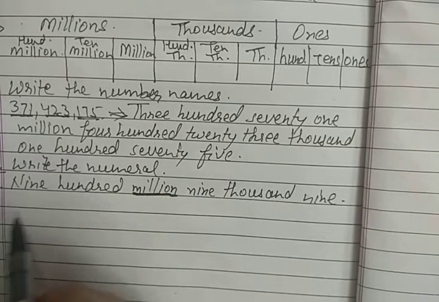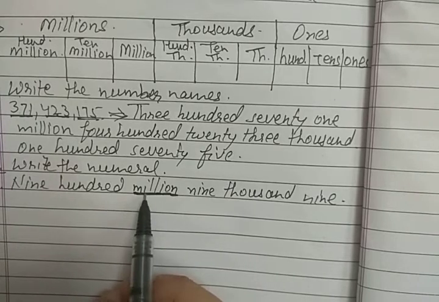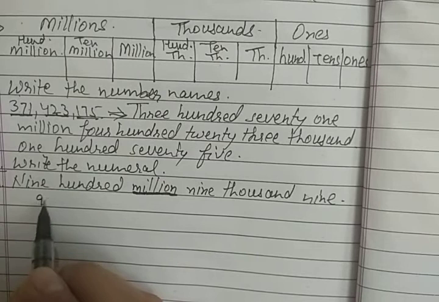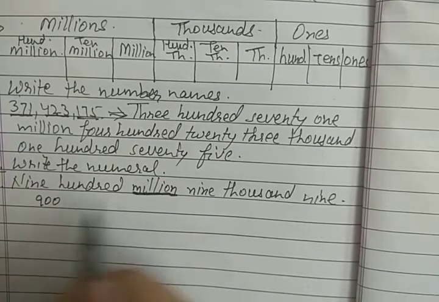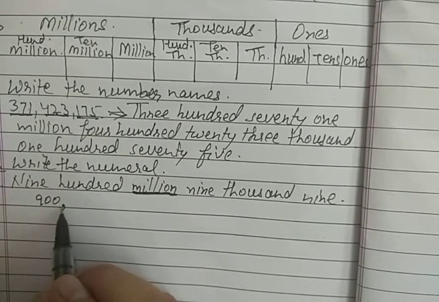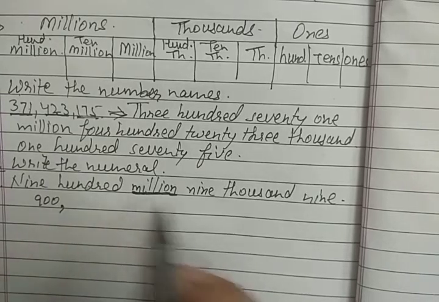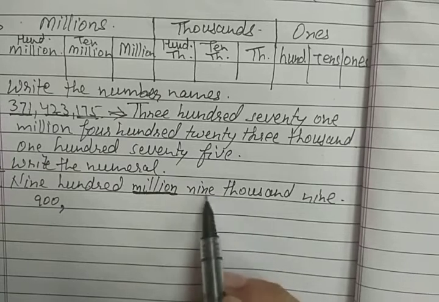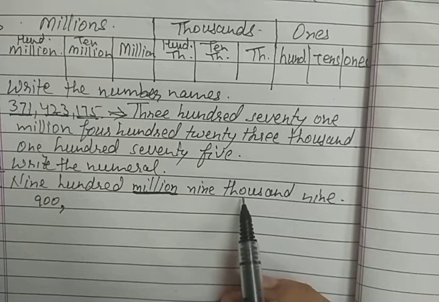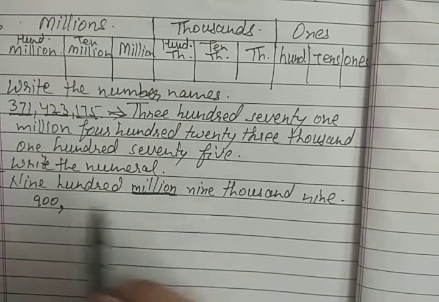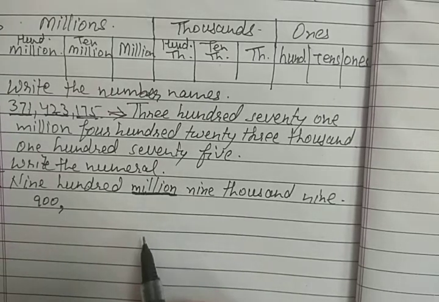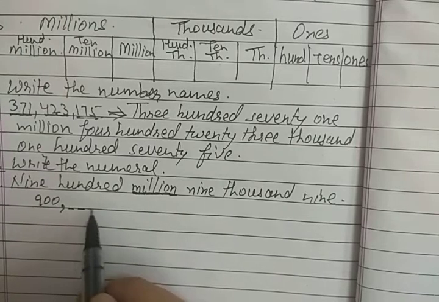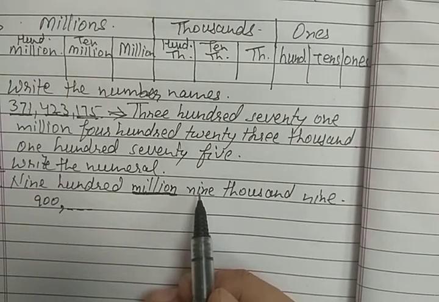Now how can we write this? The greatest period is million, so 900 million. We write 3 digits, then we put commas. Now the next period is the thousand period. Again we have 3 digits in the thousand period, but here only 9 thousand is given. But we have to write 9 in 3 digits. So how will we write 9 in 3 digits?